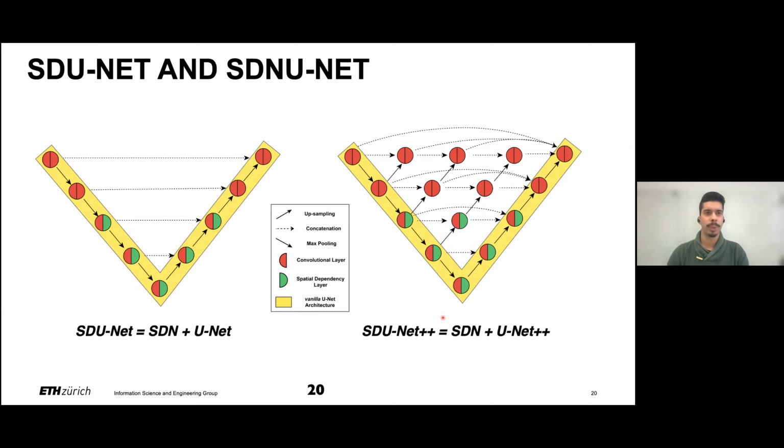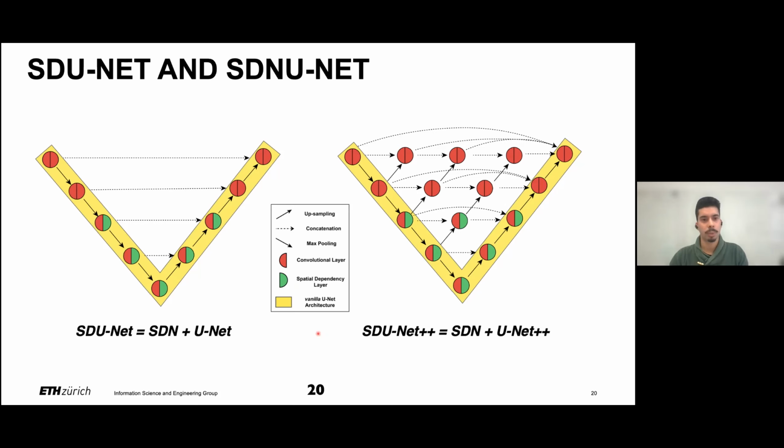The first thing that we did was, besides including the spatial dependency layers on the decoder, we also put them on the encoder. Our reasoning for this is that the modeling of these dependencies can already start at the feature extraction, on the feature modeling, when we have the encoding of the features.